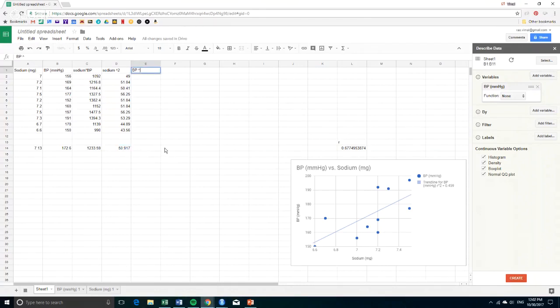So BP squared, which is the blood pressure levels for each patient squared. I'll do this for all 10 patients and then find the average. So now I have x bar, y bar, xy bar, x squared bar, and y squared bar. And these are the 5 terms I need for my equation.